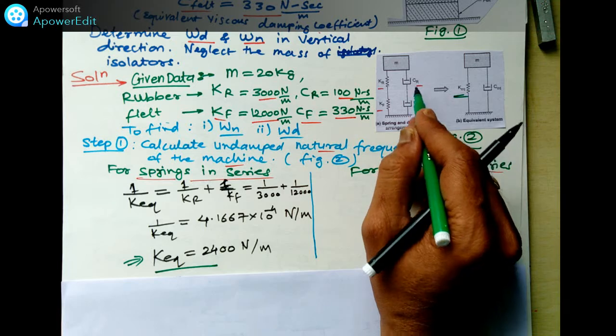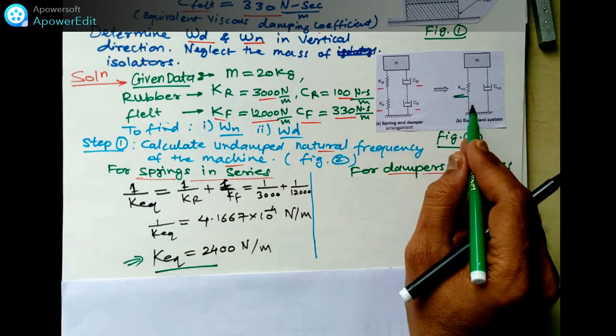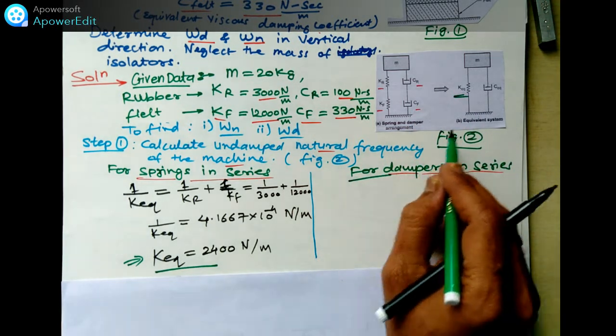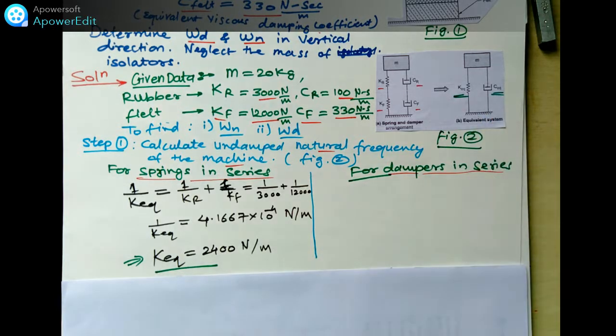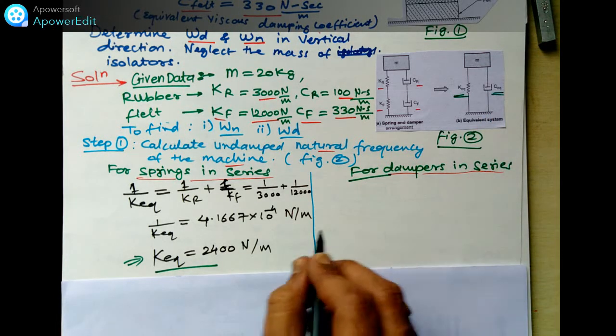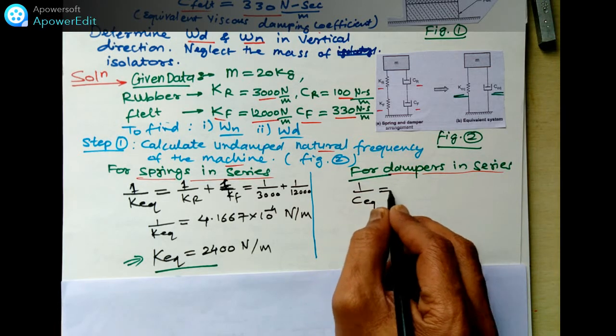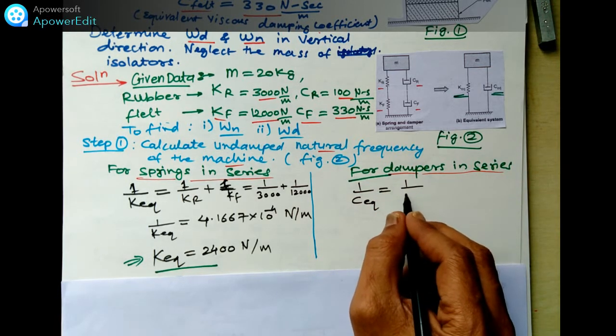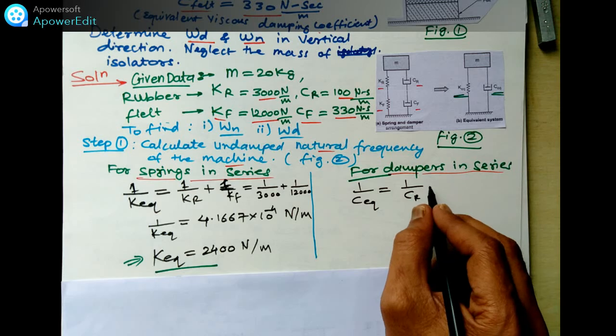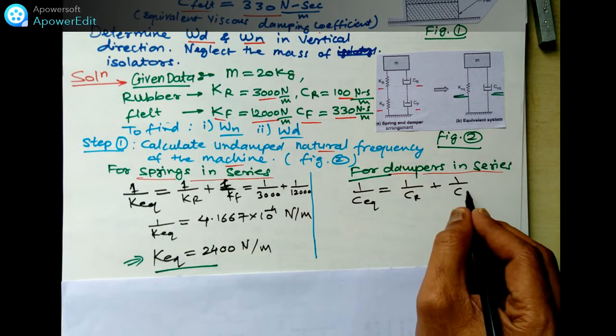Similarly, the dampers are in series, so we find the C equivalent. 1 upon C equivalent equals 1 upon Cr plus 1 upon Cf.